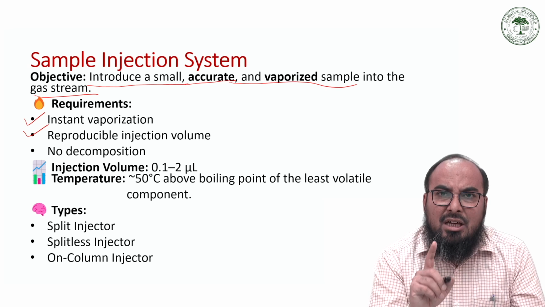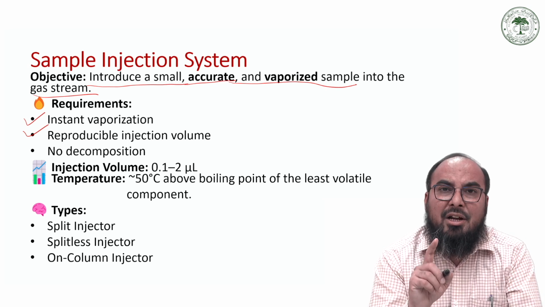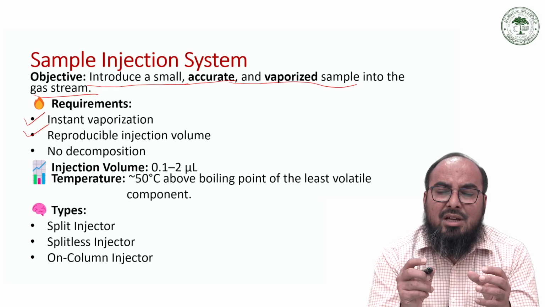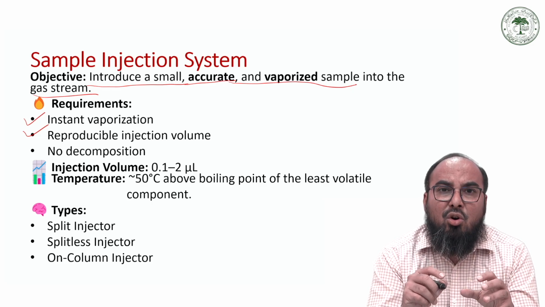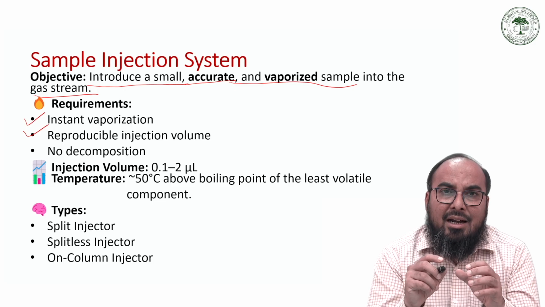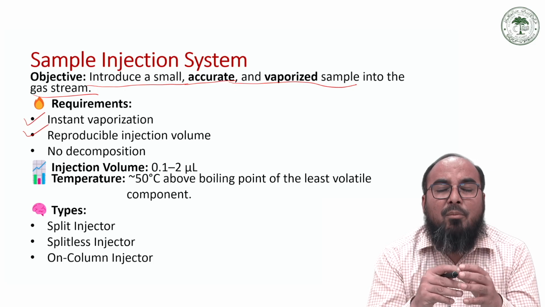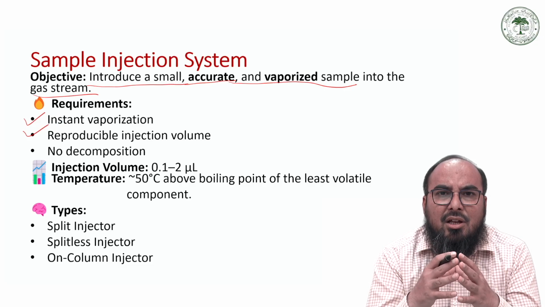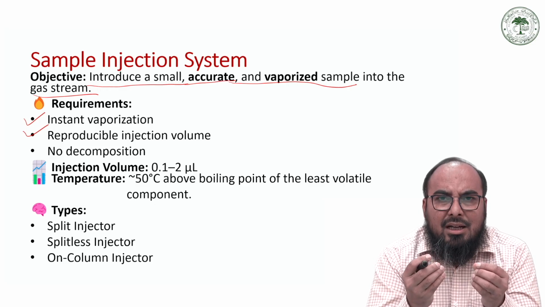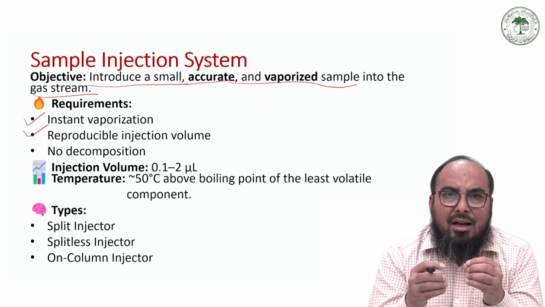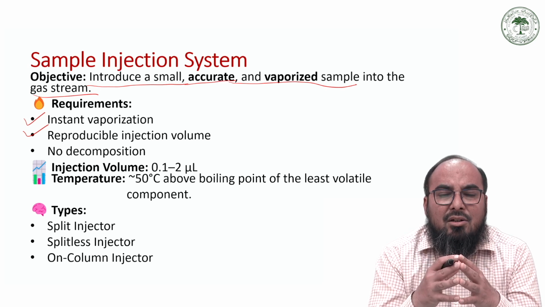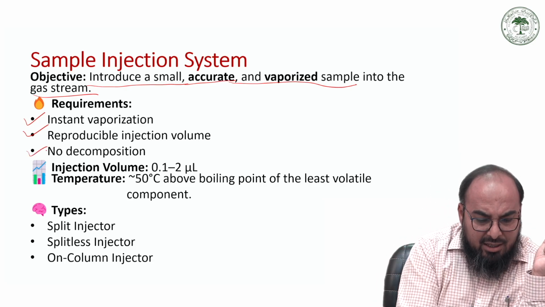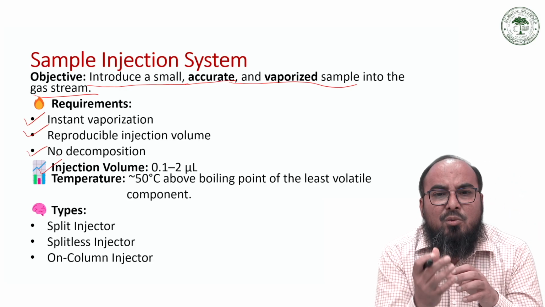And you have to keep an eye on how much sample you are introducing, because a large amount of sample overloads your column, and this extensive loading will compromise column efficiency. With a packed column you can use a larger amount of sample, but for a capillary column the capacity is very small. If you load an extra amount of sample, you compromise your capillary column. So you have to keep an eye on the injection volume.